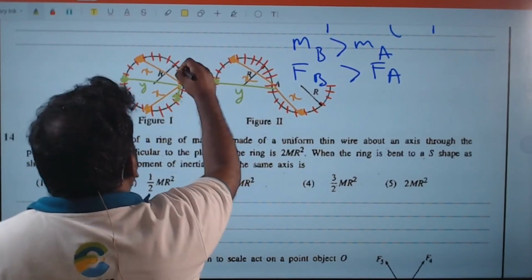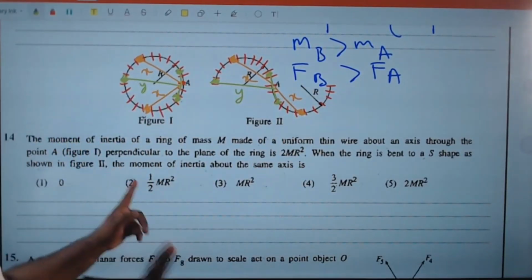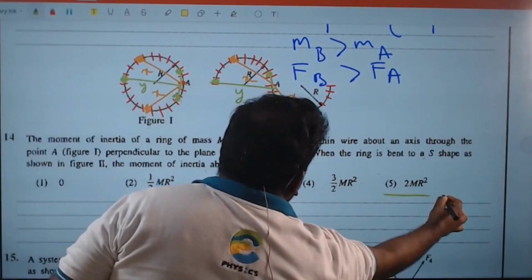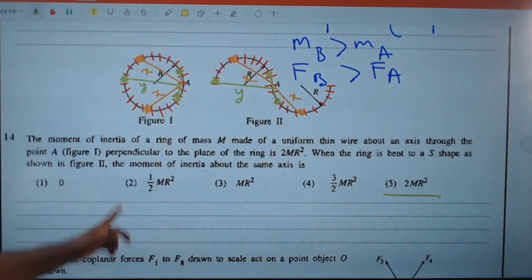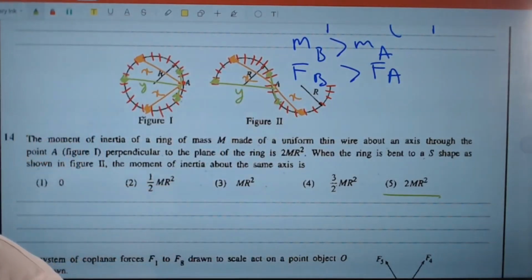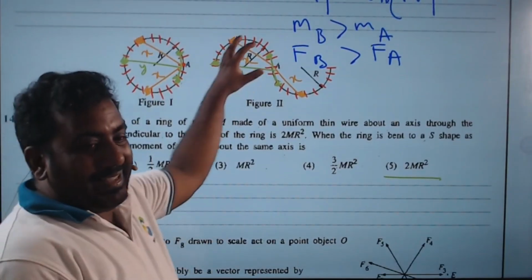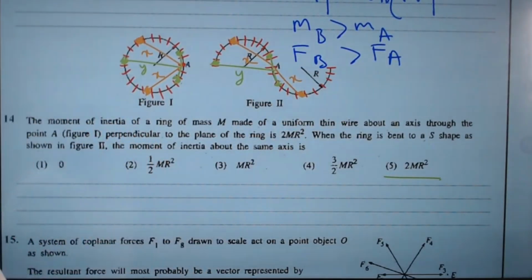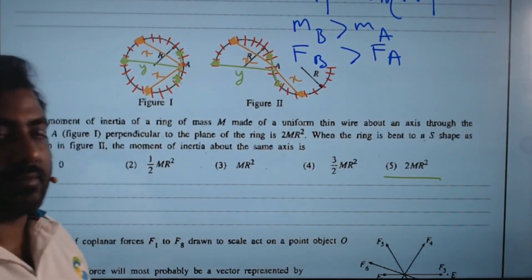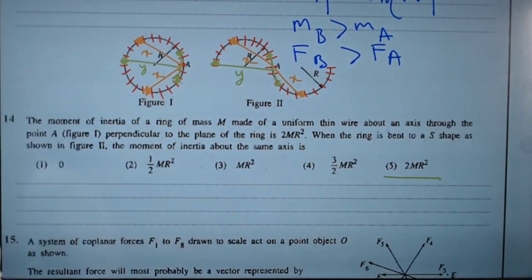Distances don't change means the moment of inertia should also not change. If we subdivide this into small delta m masses, we can show that the distances do not change. Therefore, the moment of inertia will also not change.